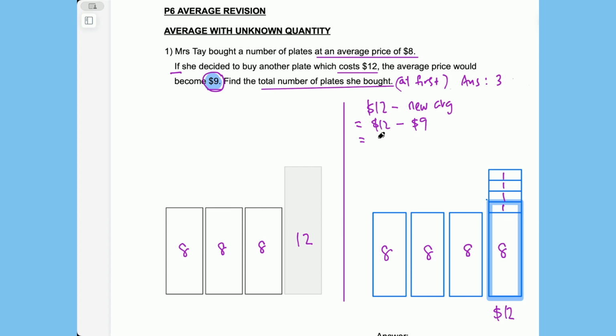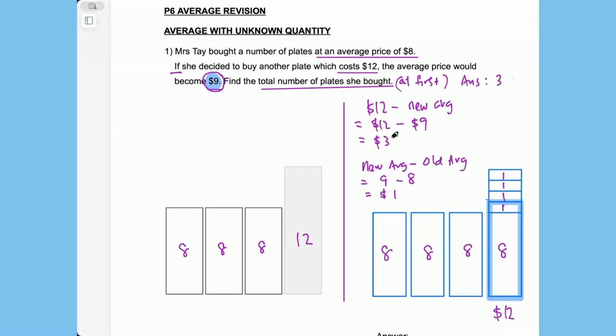And that's 3. Okay, so that means we have an additional 3 here that we need to spread out. So that's the first working. Now the second working is you need to use the new average minus the old average. The new average minus the old average is 9 minus 8, which is 1.